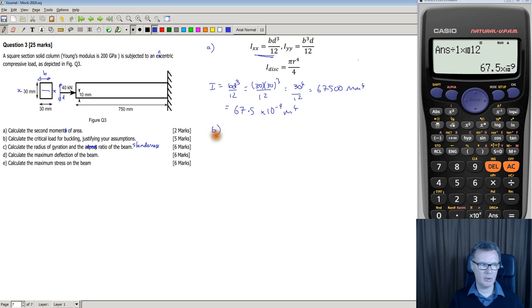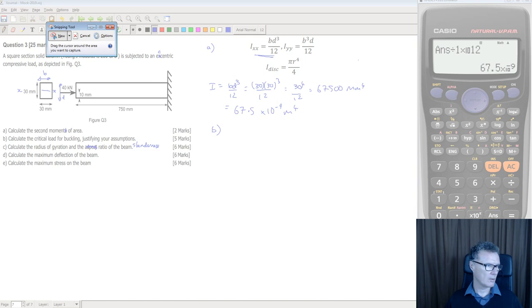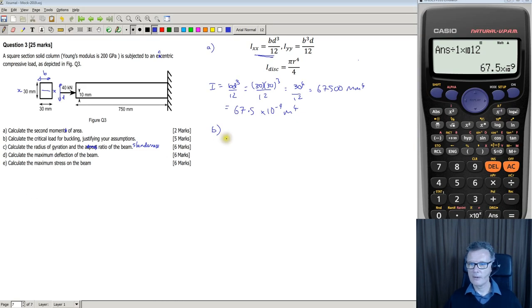Part B, we need to look up the formula for critical load. And there it is, next to the other ones we want. The only problem with this formula is what do we do for K? I can never remember them, but the only thing I can remember is that K is either going to be 1 or 2 for most problems.